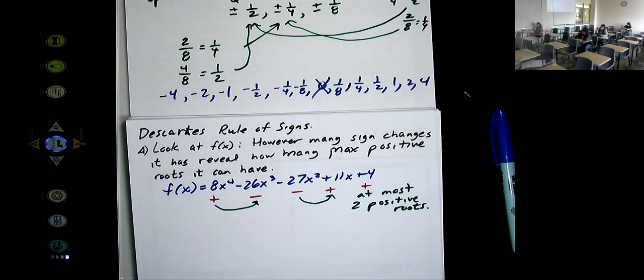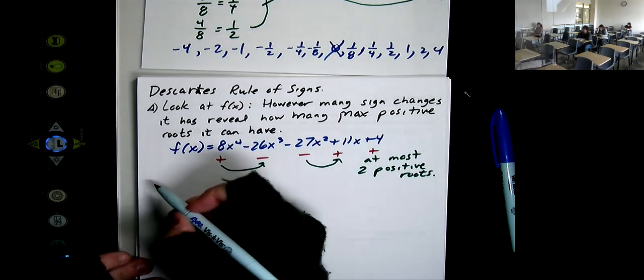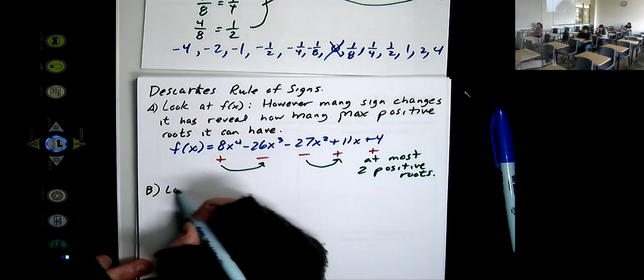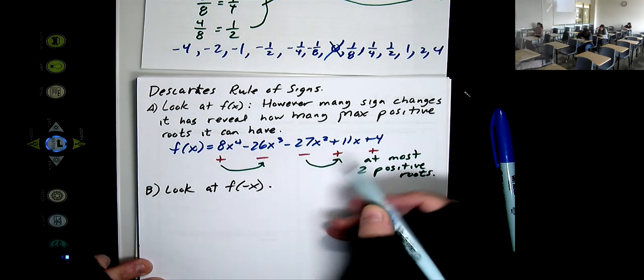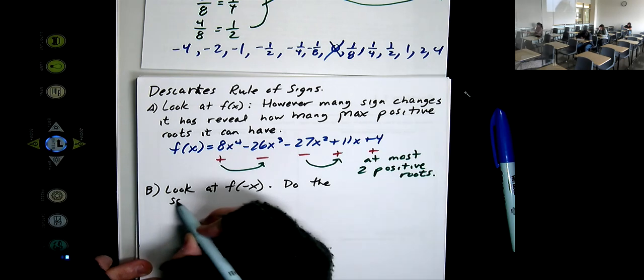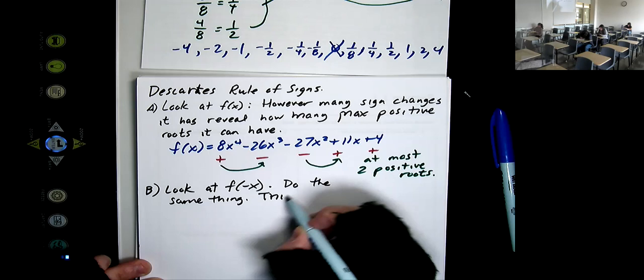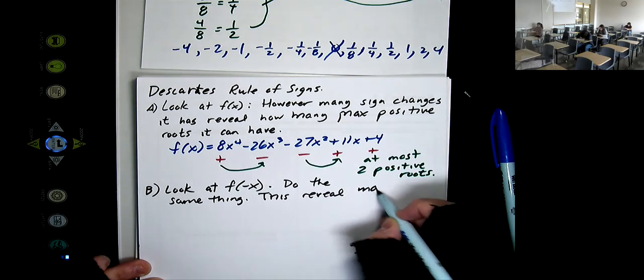The other option for Descartes' rule of signs is looking at negative f of x, or f of negative x. Do the same thing. This reveals max negative real roots.